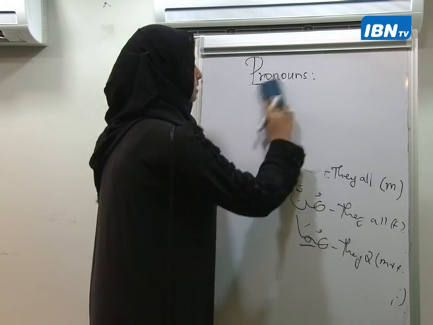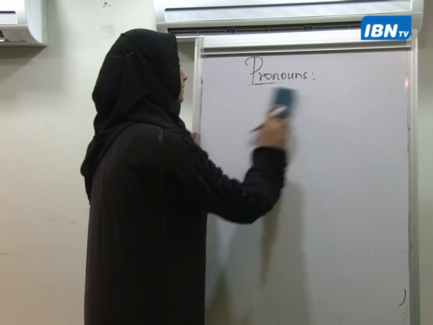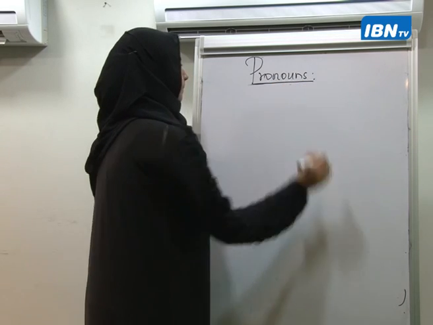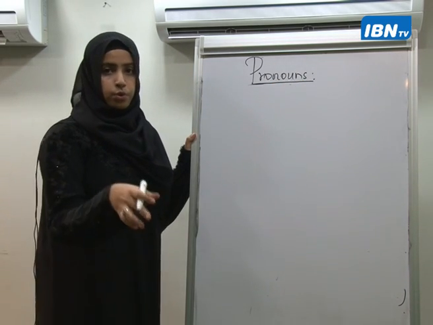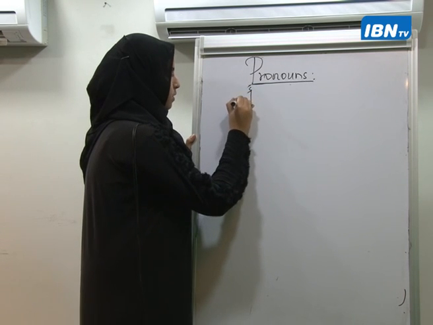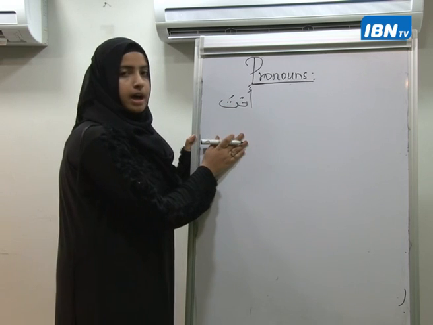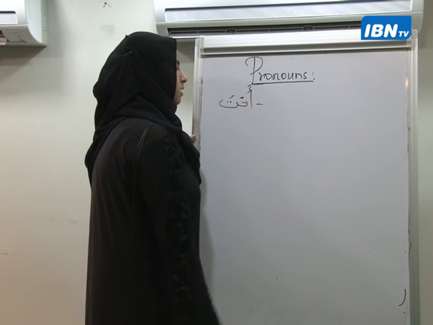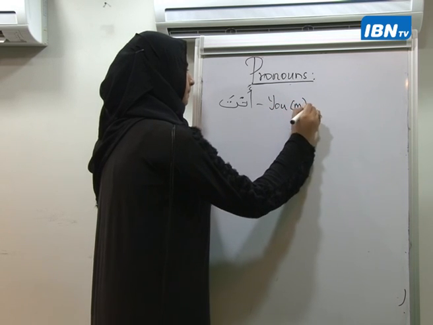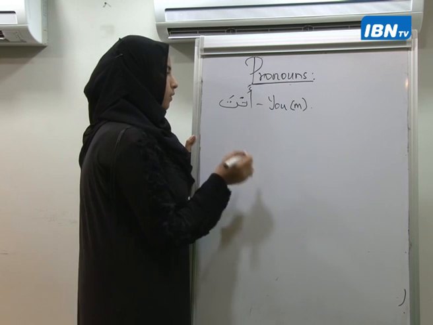All right, there's another way where you can make it easier to remember. So I'll just break it down for you. We said that you, masculine, means anta. This you have to remember. There's no way out. Anta means you male, singular.